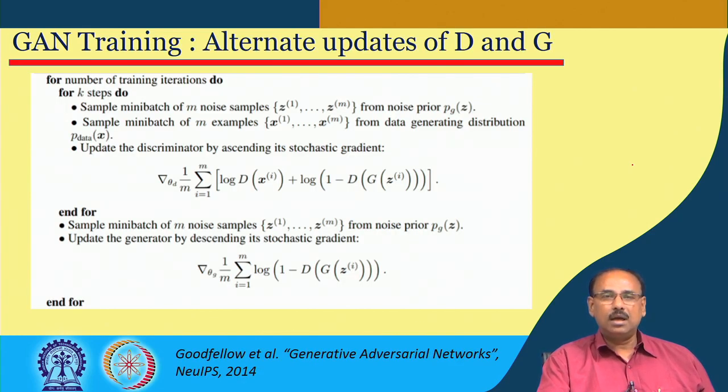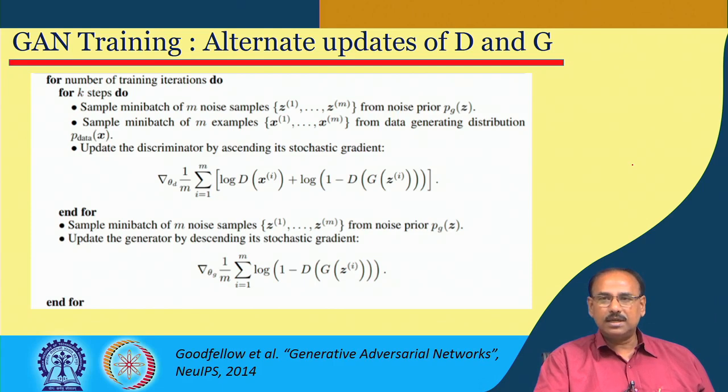So, this is just what is shown as the algorithm, how the generator and the discriminator networks are trained. Given a set of noise samples or the latent variables z, the generator network generates a number of data samples. Using these data samples, the discriminator tries to maximize the same cost function, which is log of D(x) plus log of 1 minus D(G(z)).